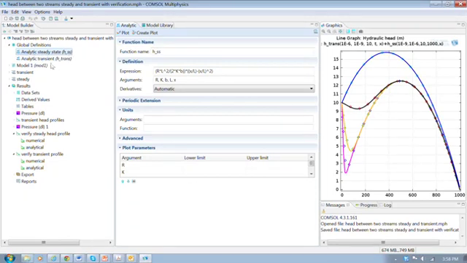So if we go to analytic transient, we can see there's the error function and the arguments for the error function. Comsol just knows what the error function is, so we can just use ERF. And this expression is really the same that we saw on PowerPoint, with one exception. And that exception is shown here.